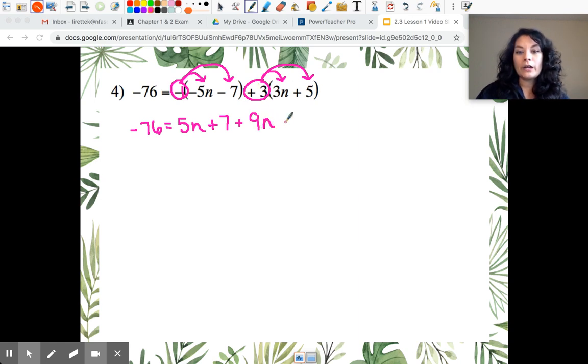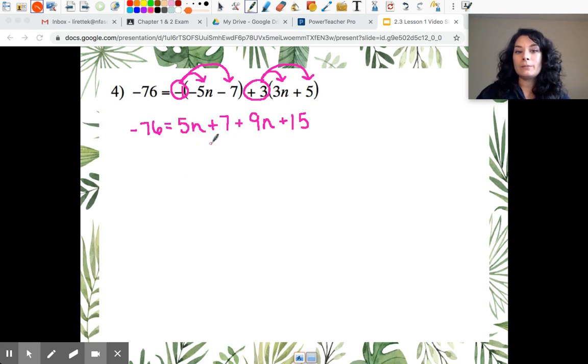And 3 times 5 will give me a +15. Notice how every time I multiplied after I wrote that first term, I was putting a plus or minus in between those terms. You need to make sure that you're doing that so A, you know the sign of your number, and B, you know if it's a term that's being added or subtracted and not multiplied.